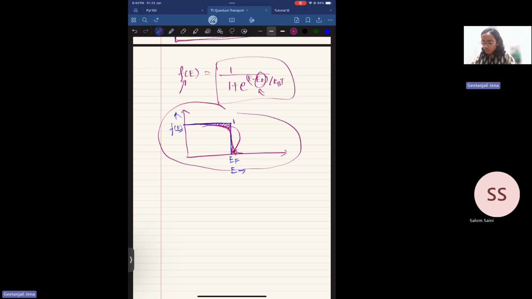When we increase the temperature, the charge carriers close to the Fermi energy level will occupy the states closer to this Fermi energy level. The spread is about 4 kBT that contributes to the transport. We'll see one of the numerical problems related to this.